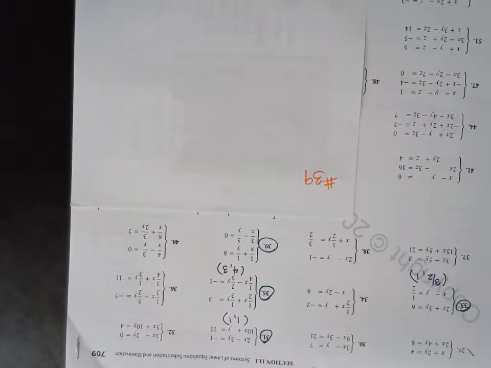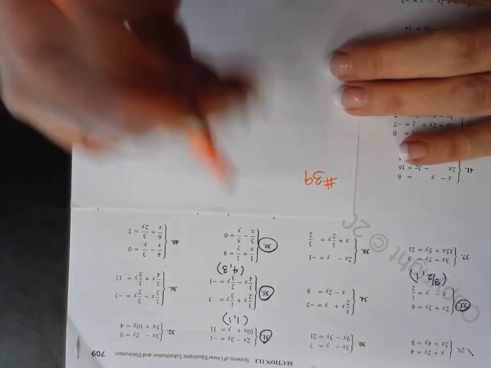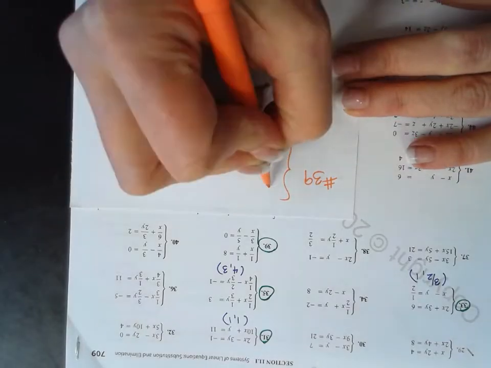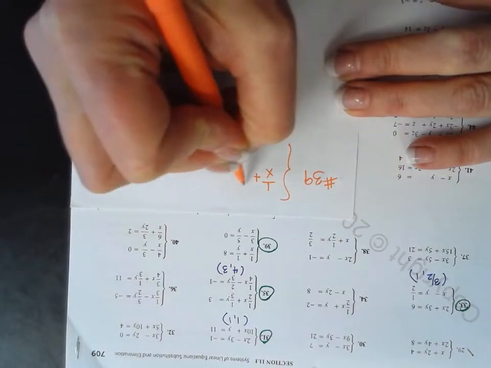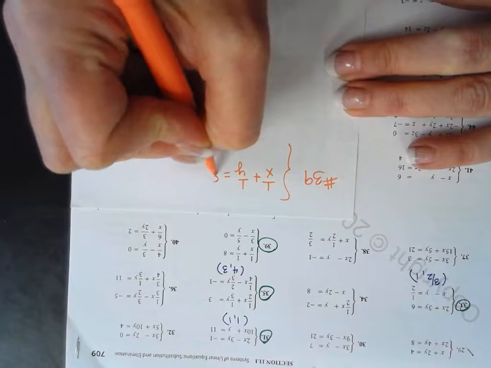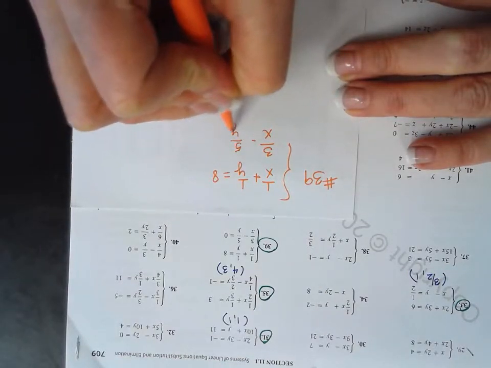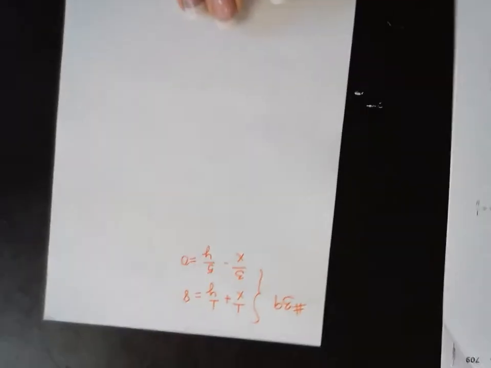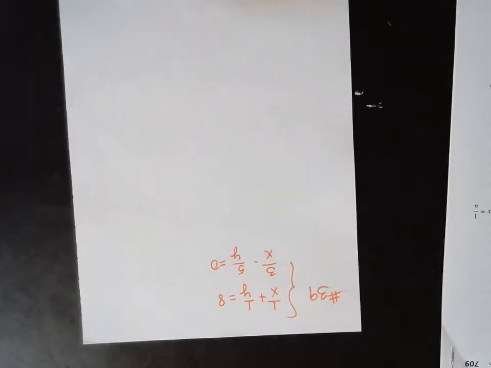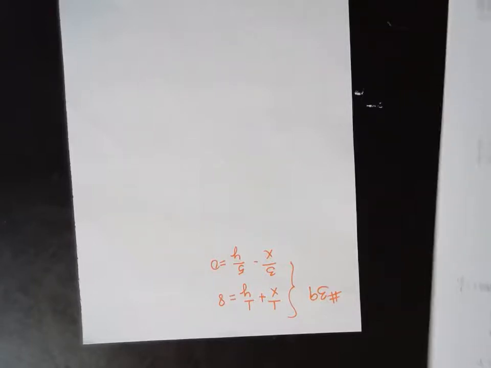I want to start with number 39, that was my challenge to you yesterday. Okay, so here is the problem. 1 over x plus 1 over y equals 8, and 3 over x minus 5 over y equals 0.